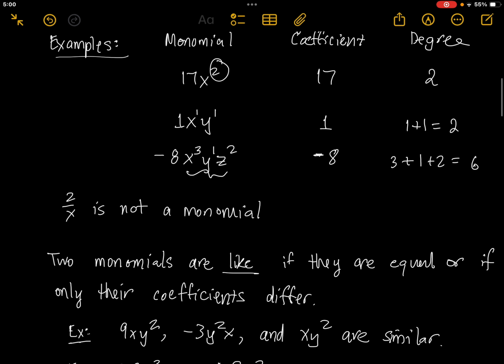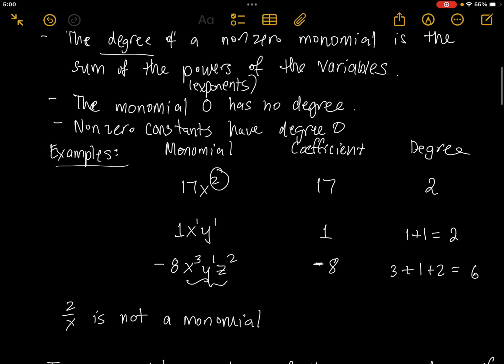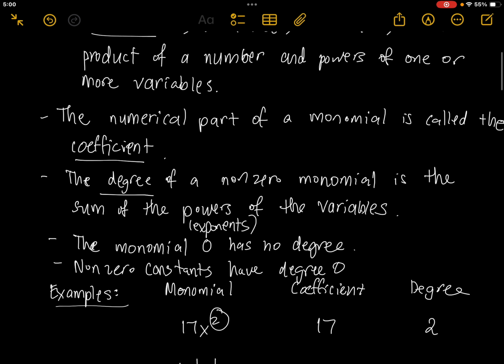Here's an example of something that's not a monomial: 2 over x. How come this is not a monomial? The reason is that you have a variable in the denominator. You don't have x raised to a positive integer power.